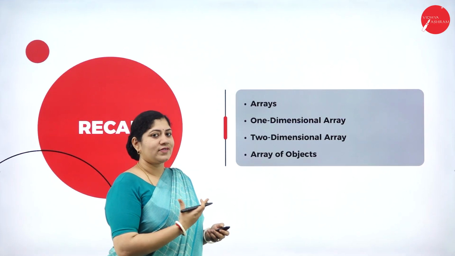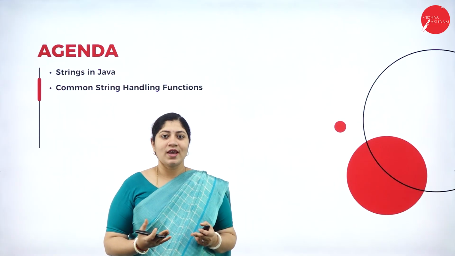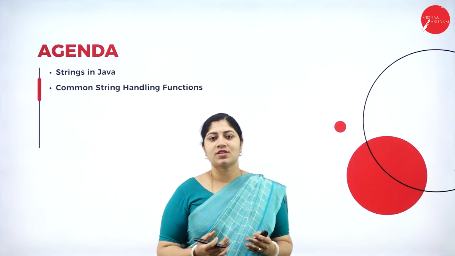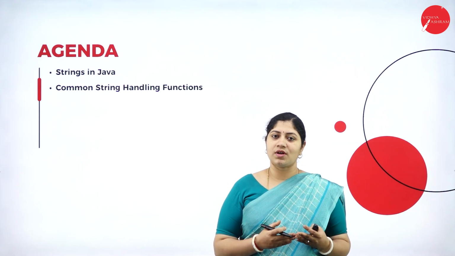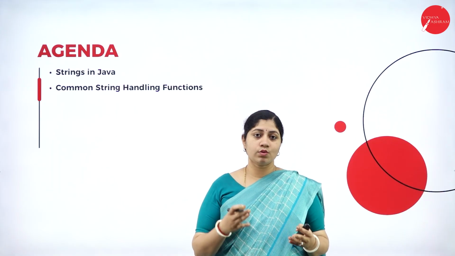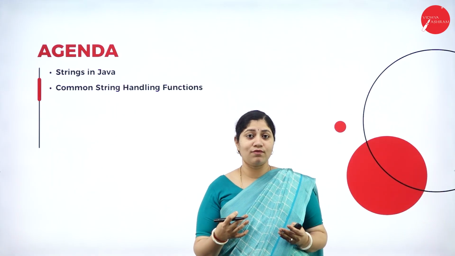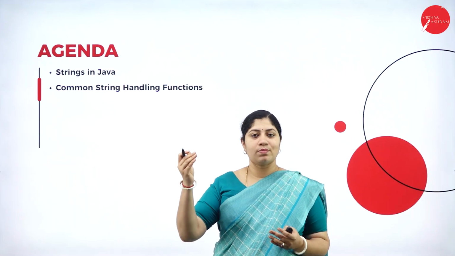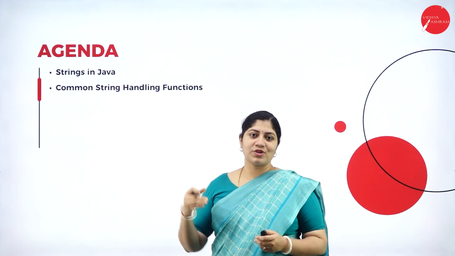So this was the recap of session 2. In today's session, we will be discussing strings in Java. Also, we will discuss the string handling functions that we use in Java, which are very helpful in order to write your programs. This is the agenda of today's session.